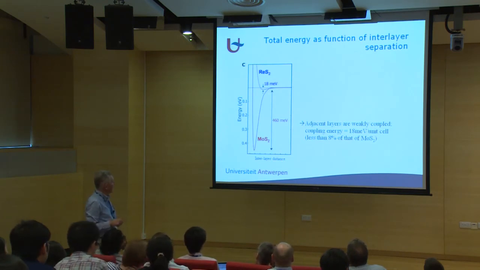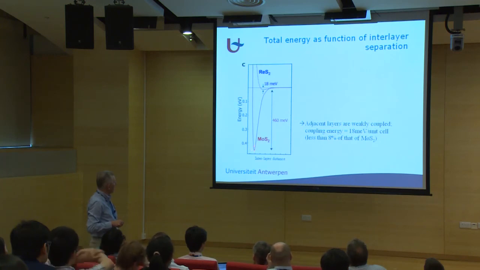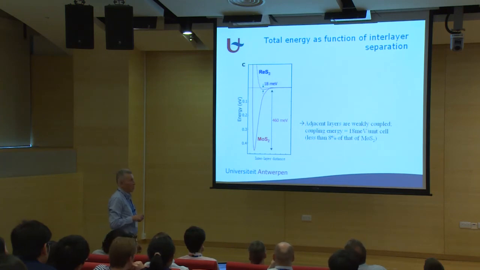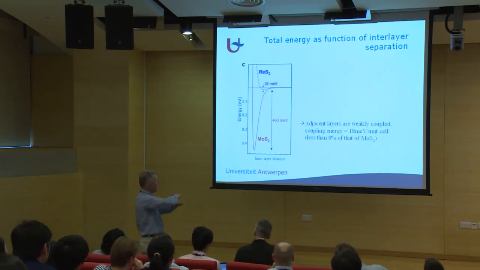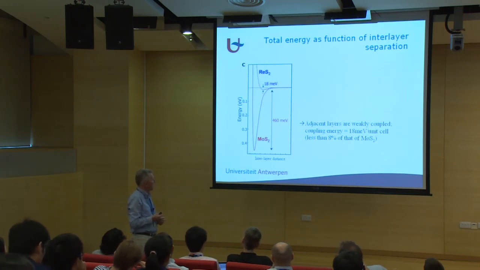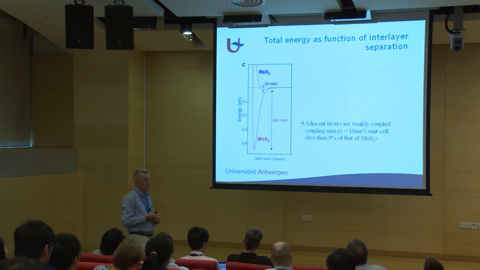In the case of molybdenum disulfide, this here is the equilibrium interlayer distance, and to separate 2 layers you need 460 millielectron volt, half an electron volt per unit cell. In the case of rhenium disulfide, it's only 8% of the value of molybdenum disulfide, so it's 18 millielectron volt per unit cell, so they're extremely weakly coupled.